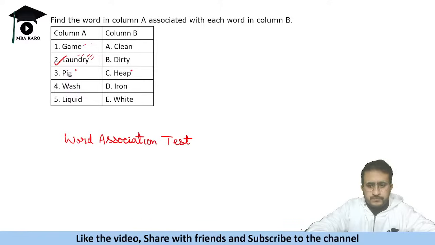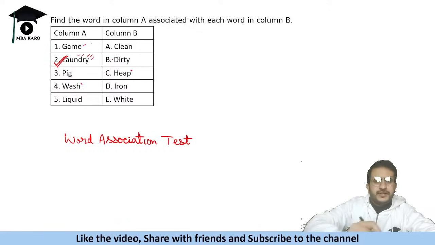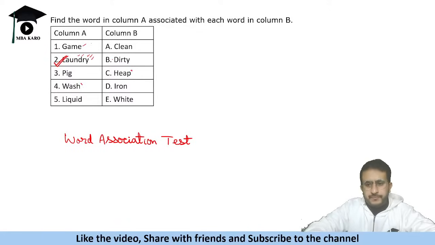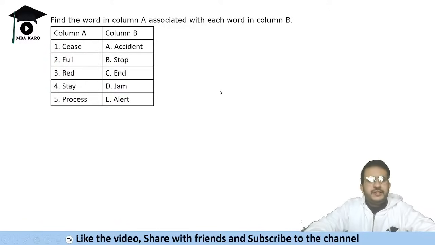And wash, like clean, dirty, wash, heap does not match. So basically, heap does not match with the other words. Based on this, you can easily figure out that laundry is the correct word which matches with all of them. All right, let's see the next one.